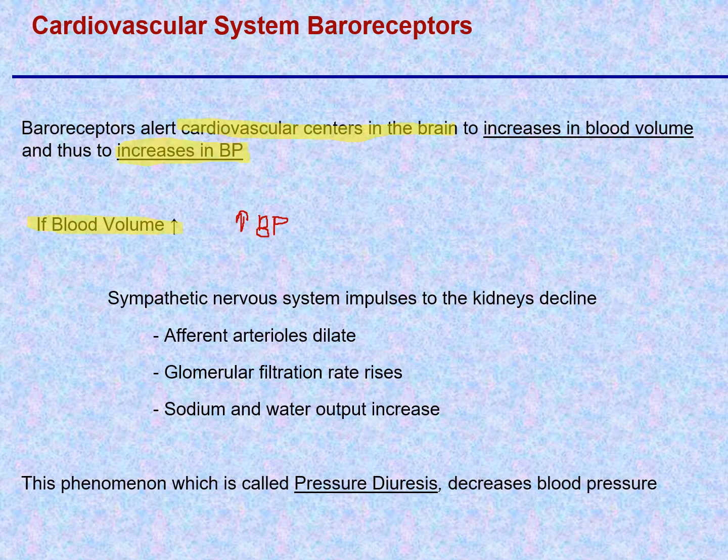I'm sorry, that's wrong. Triggering them to decrease their sympathetic output to the kidneys. So there's a drop in sympathetic output to the kidneys, and as a result, afferent arterioles in the kidneys will relax. You get vasodilation, so glomerular filtration rate rises. With afferent arterioles dilating, more blood can flow into the glomeruli, and the hydrostatic pressure rises, the glomerular filtration rate rises, and sodium and water output increases.